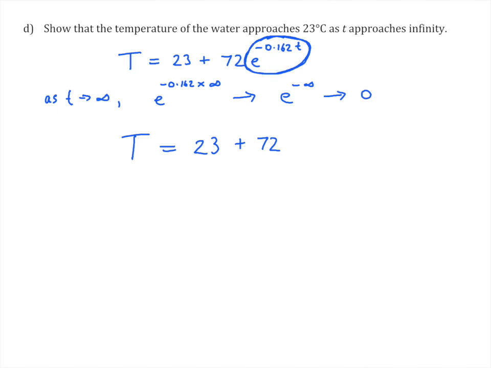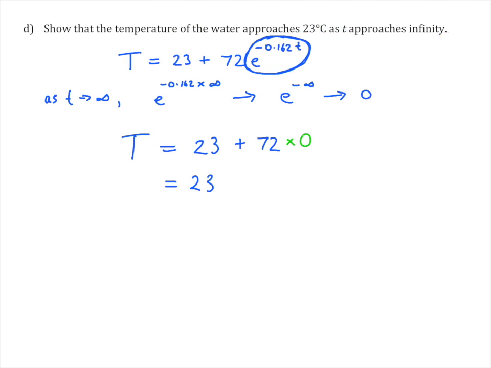So it's getting closer and closer to being 72 times 0. 72 times 0 is 0, which means 23 degrees is what the temperature is heading towards. So the water approaches 23 degrees as time approaches infinity.